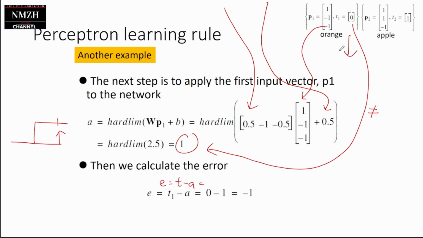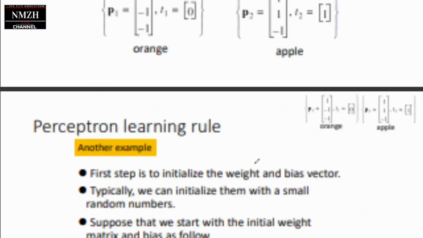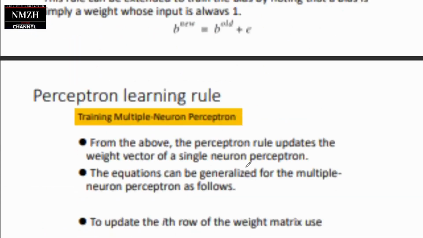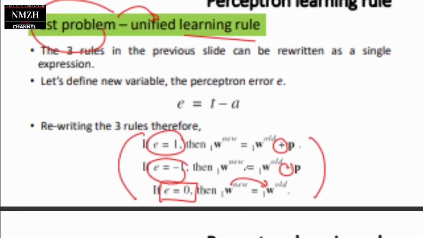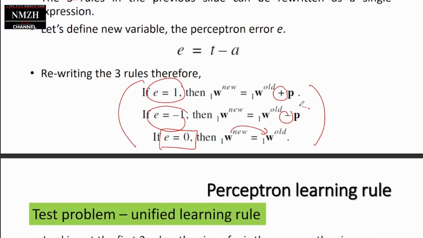Now we can calculate the error: E equals T minus A. T is 0, and A is the estimation 1, so the error is minus 1. Which rule should we use? Back to this rule: when we have minus 1, we need to use this one.